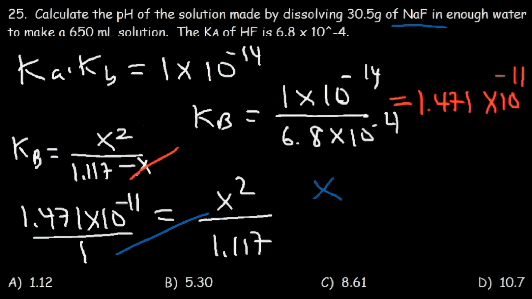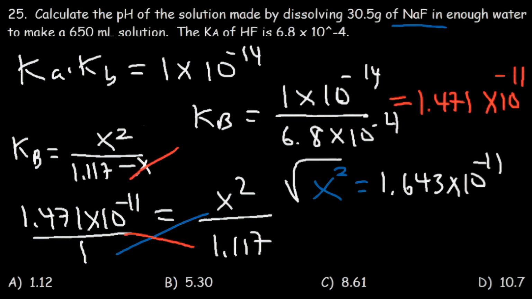So we're going to have X squared, which is equal to the Kb value, 1.471 times 10 to the minus 11. We're going to multiply that by 1.117, and you should get 1.643 times 10 to the minus 11.